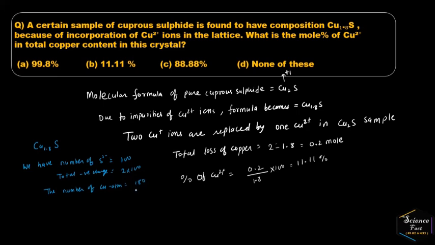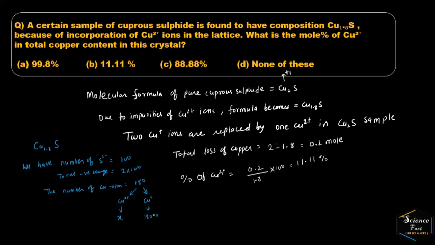Out of 180, some copper atoms are present in bivalent form, while some are present in monovalent form. Let's suppose the number of Cu2+ is x, and the number of Cu+ is 180 minus x.